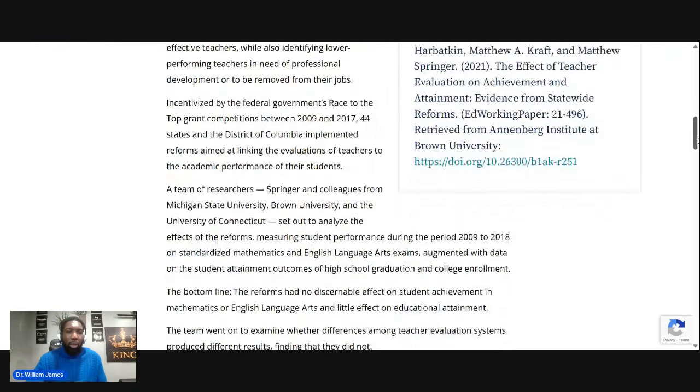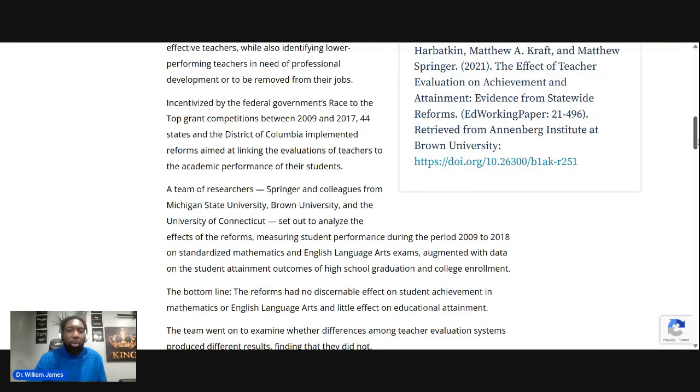And so this data was collected from 2009 to 2017 throughout 44 states and the District of Columbia. They implemented reforms aimed at evaluations of teachers. A team of researchers, Springer and colleagues from Michigan State University, Brown University, and the University of Connecticut, set out to analyze the effects of the reforms.